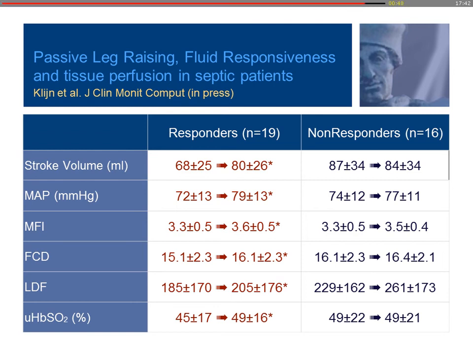It won't correct anything. So these were patients with a clinical problem, low blood pressure or whatever, and she looked at fluid responsiveness. And whether you were a responder or a non-responder, the microcirculation didn't benefit from this. So resolving fluid responsiveness with a normal microcirculation doesn't help. So the assessment of the microcirculation could help.